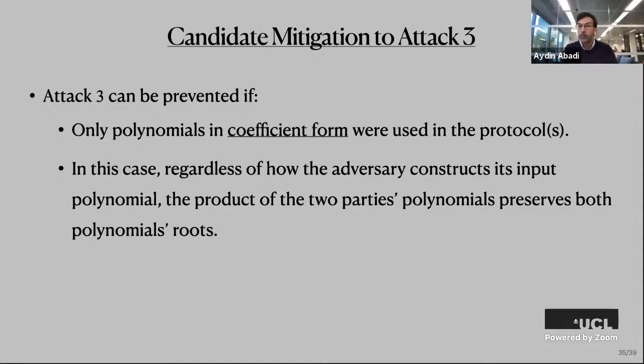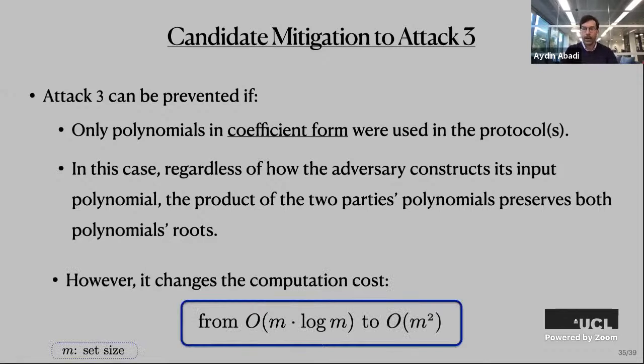But this increases the computation cost from O(m log m), where m is the set cardinality, to O(m squared). And as you know, the gap between these two complexities, or the actual concrete value, increases when the set cardinality is huge or relatively huge. So this mitigation does affect the performance.